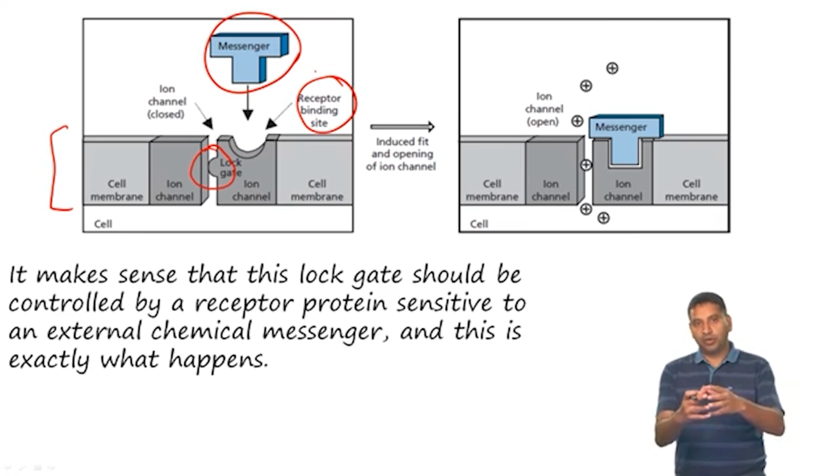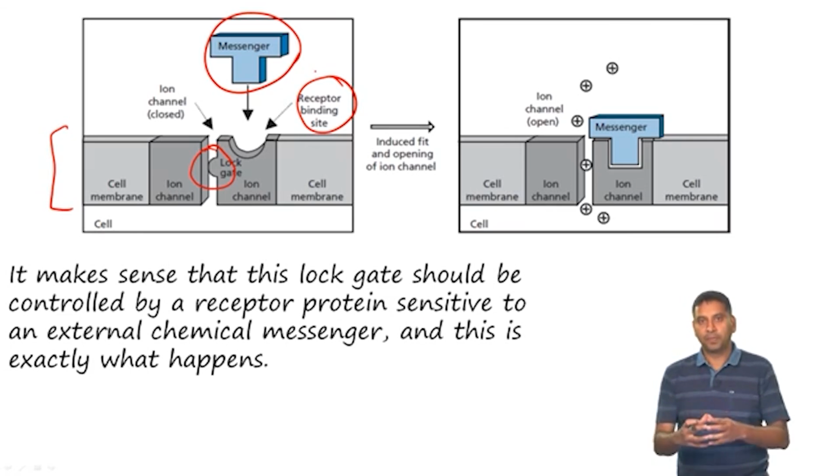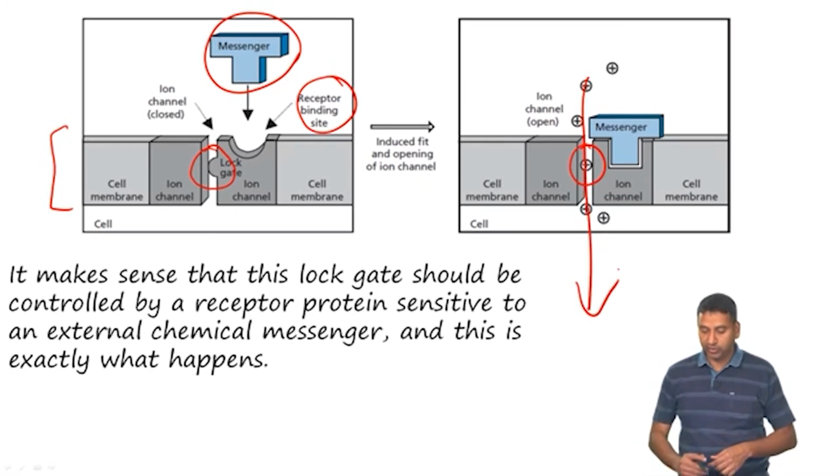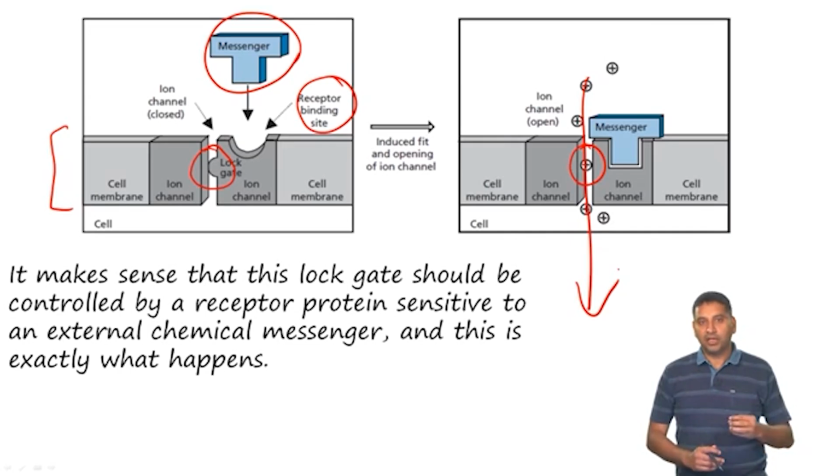We already looked at how this binding is an induced fit model, and once the induced fit occurs, this results in a conformational change which permits the ions to go from outside to inside. Therefore, the lock gate can be controlled by the messenger.